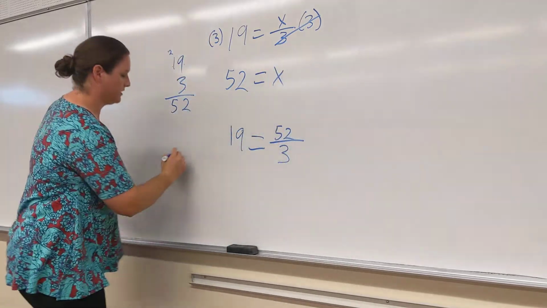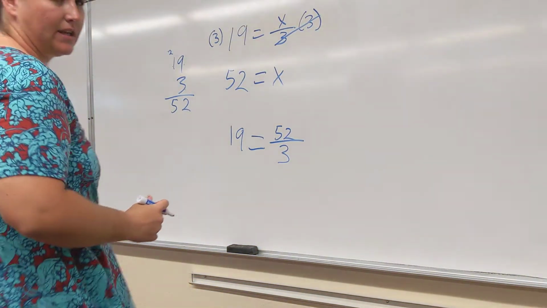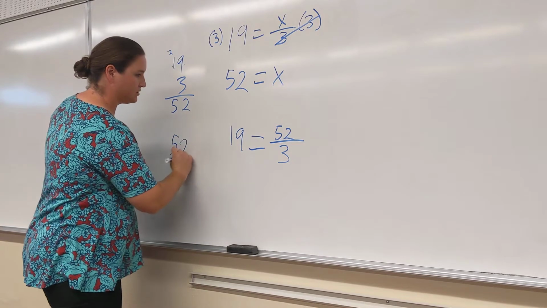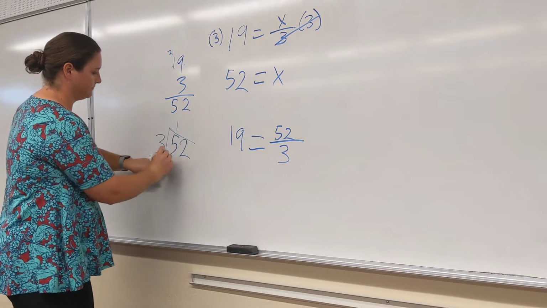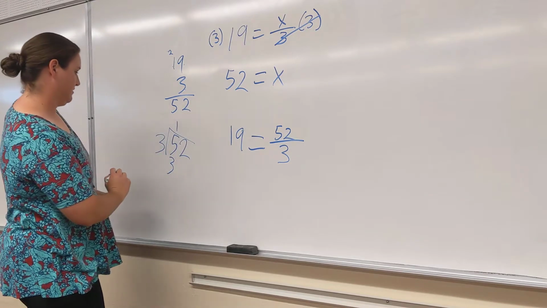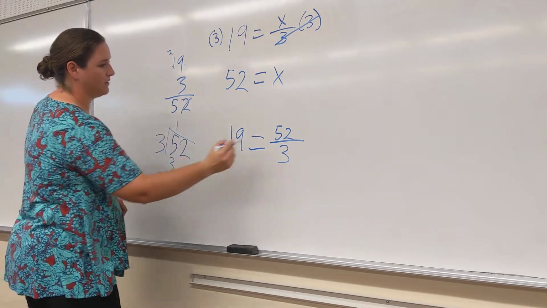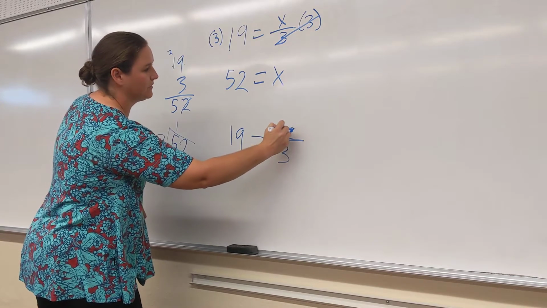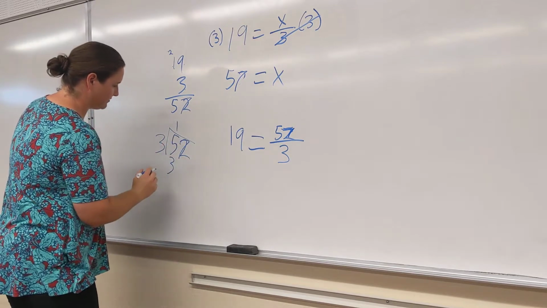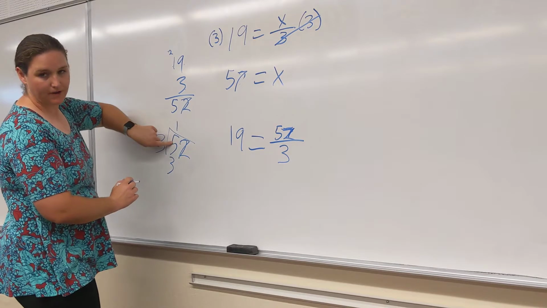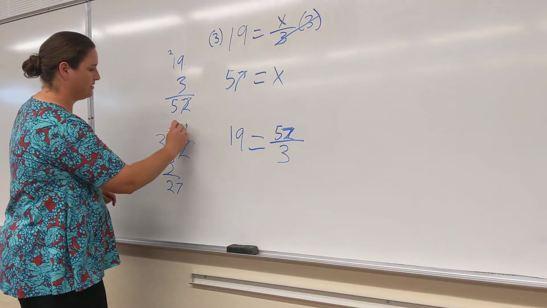Let's see. Let's come back over here. Oh, shoot. Come on, light. It apparently can't see me in the front of the classroom. 57 divided by 3. 3 goes into 5 once, gives us a 2, gives us a 7, 19.